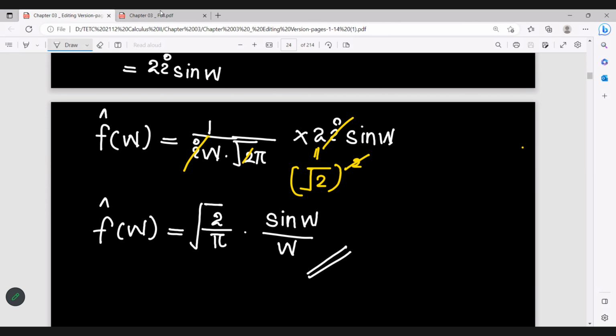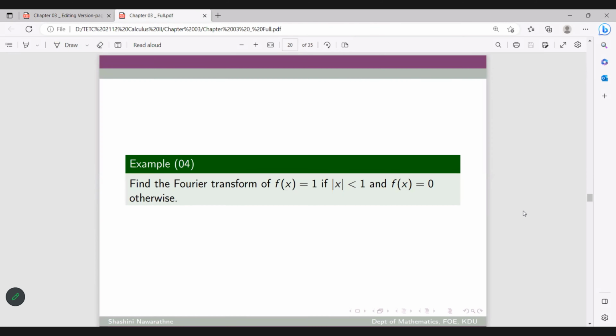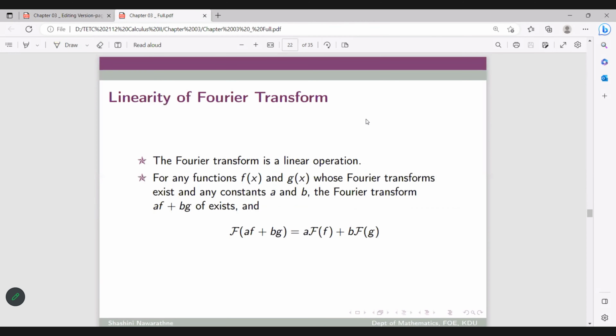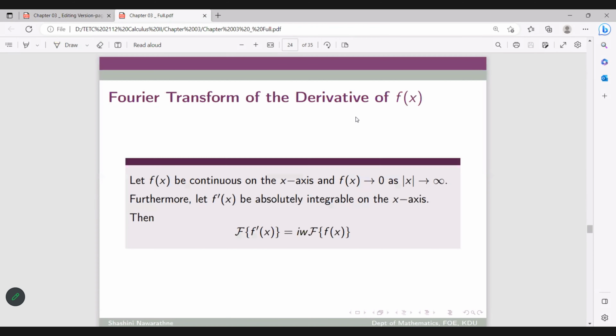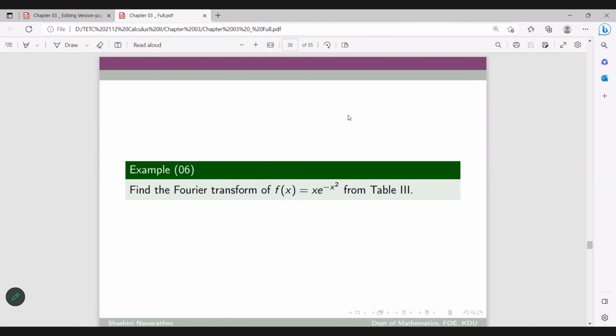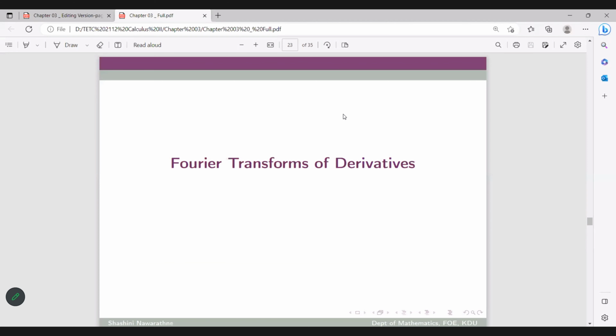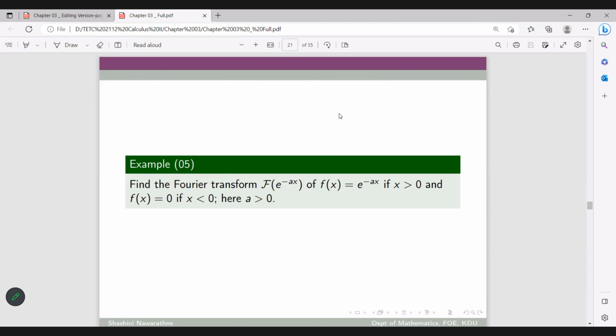Let's do one more example. Okay, let's do this one as well.